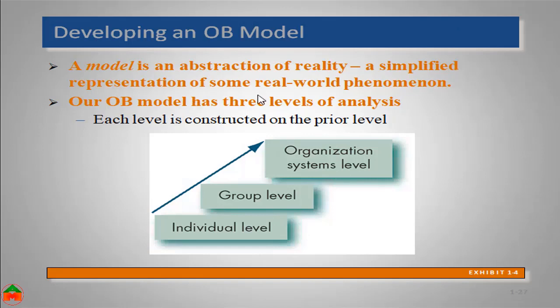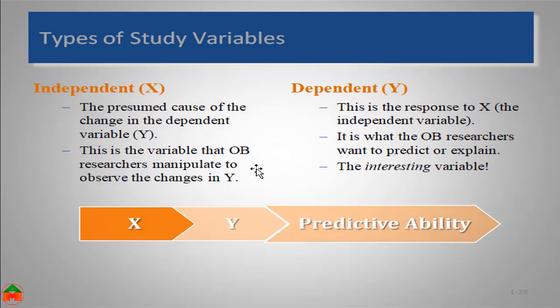That means whenever you are applying systematic analysis to understand the organizational behavior, you can design a systematic or representational model, and that model can be individual level, group level, or organization system level.